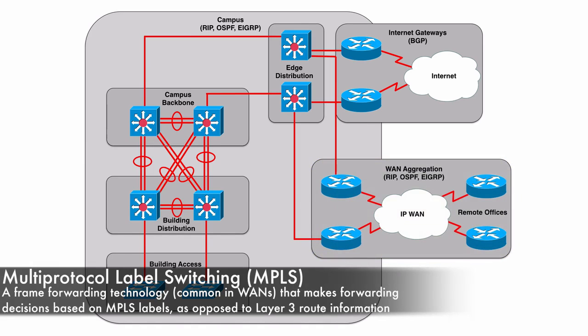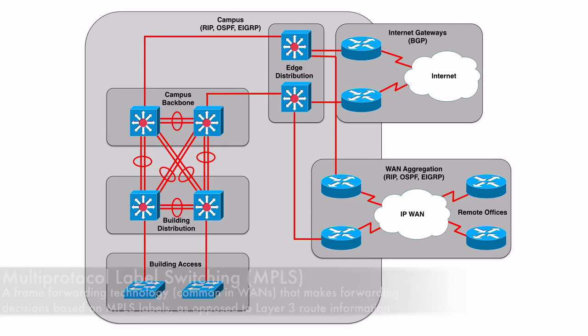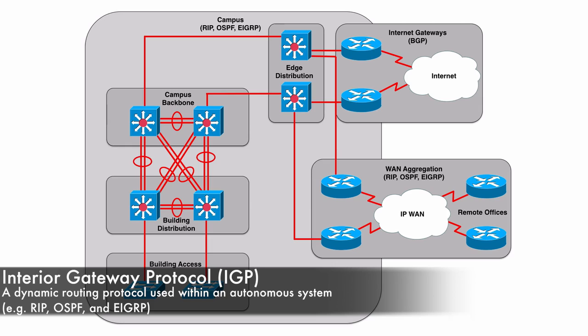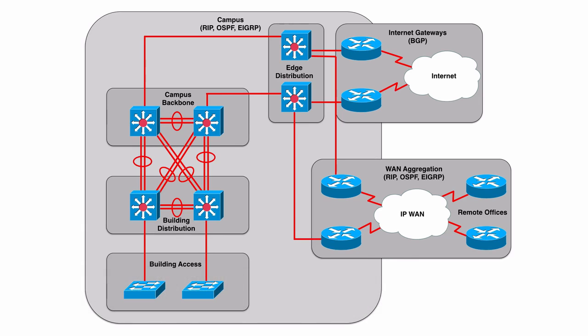And also note that I've listed some routing protocols that we might typically find in the campus or in our internet gateways or in our WAN aggregation layers. Within the campus, we're probably using some sort of IGP, an interior gateway protocol, like RIP or OSPF or EIGRP, all three of which we're going to be discussing in this course. We might have similar IGPs, similar routing protocols used in the WAN aggregation layer going out to our remote offices.